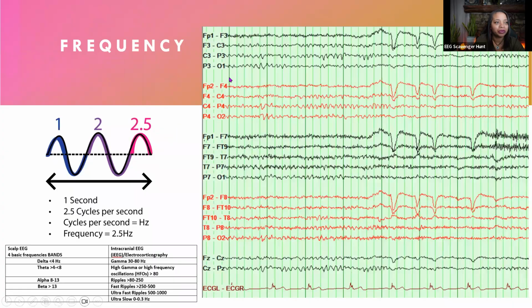Okay, the next principle of EEG is frequency. If you look here, frequency is typically measured in cycles per second. So with this comes the frequency of looking at this waveform, and it's marked in blue.